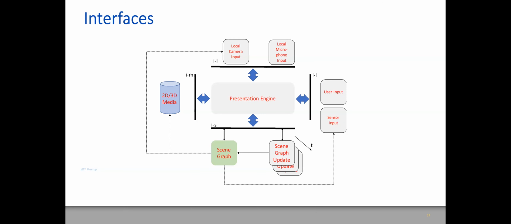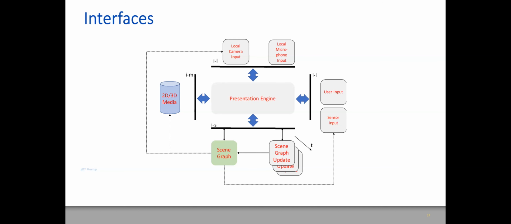So the presentation engine communicates with what we later get to know as the media access function. Through the media interface, it will tell it what media it needs, what different assets it needs to load, and what their components are.